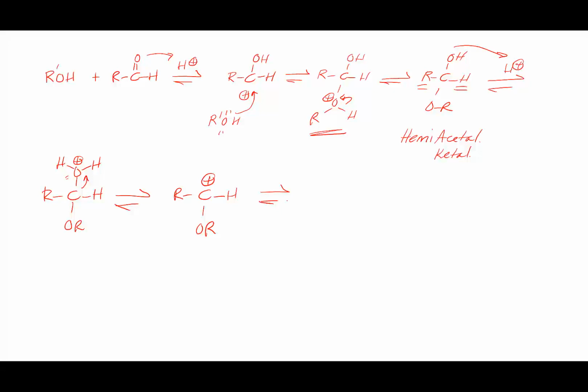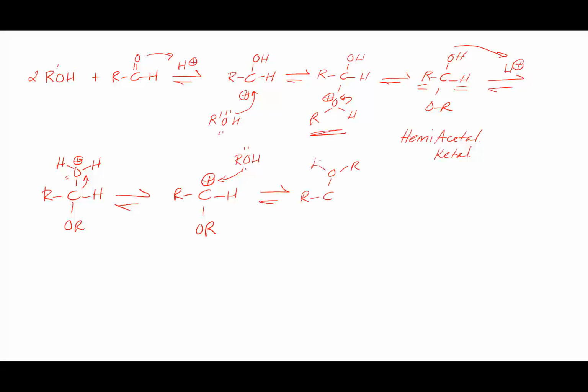Right. Okay, what's my last step here? What I'd like to do is react this with another mole of alcohol. So actually up here there should be 2 moles of alcohol. And what's going to happen? Same stuff that always happens.